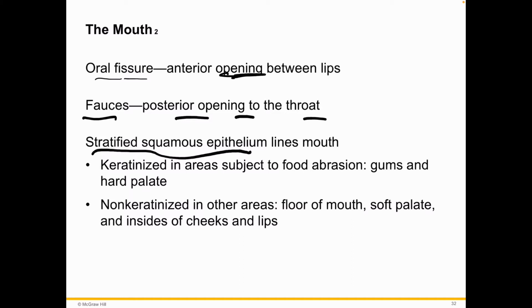So these areas, because of the stratified squamous epithelium cells, are highly keratinized because of that food abrasion. And so this is going to be on the gums and the hard palate and different parts. Non-keratinized are other areas. So this is going to be like the floor of the mouth, the soft palate, and the inside of the cheeks or lips, which are more subject to being damaged.